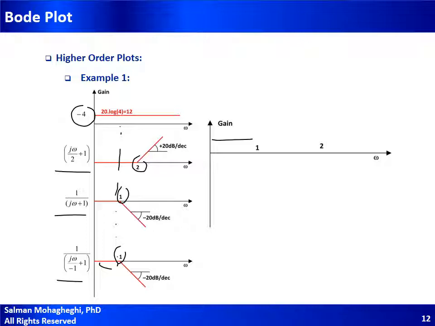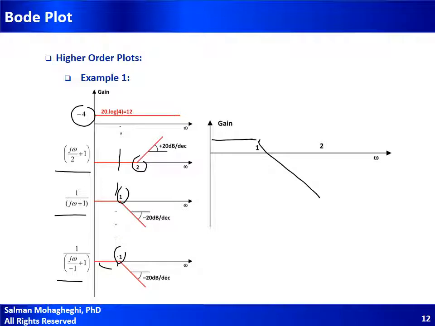At point 1, this is where the two poles start having an impact on the gain plot. What is this impact? Each one is going to be a straight line with a slope of -20 dB per decade. So it would be as if I have a straight line with a slope of -40 dB per decade. So imagine this is that line. For how long does this line continue?